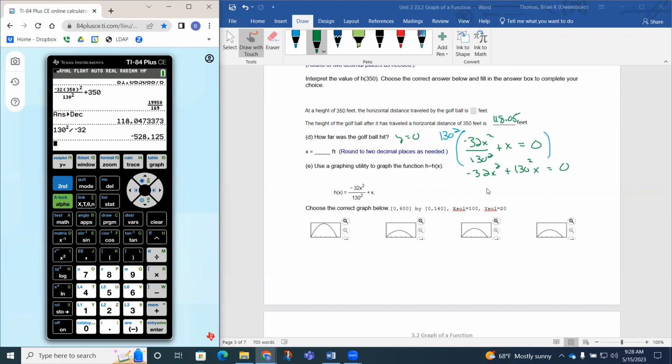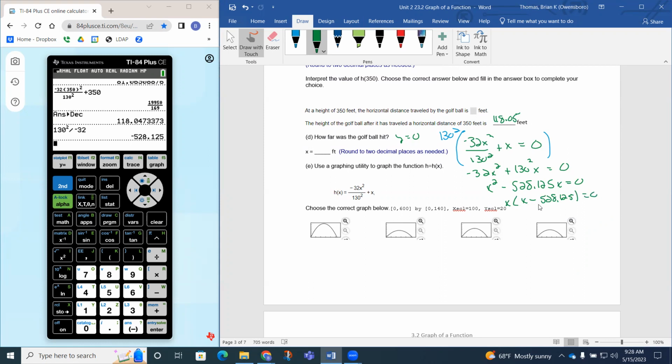So we're going to have x squared minus 528.125x equals 0. Notice that there is a GCF here. I can factor an x out, leaving x times x minus 528.125 equals 0.